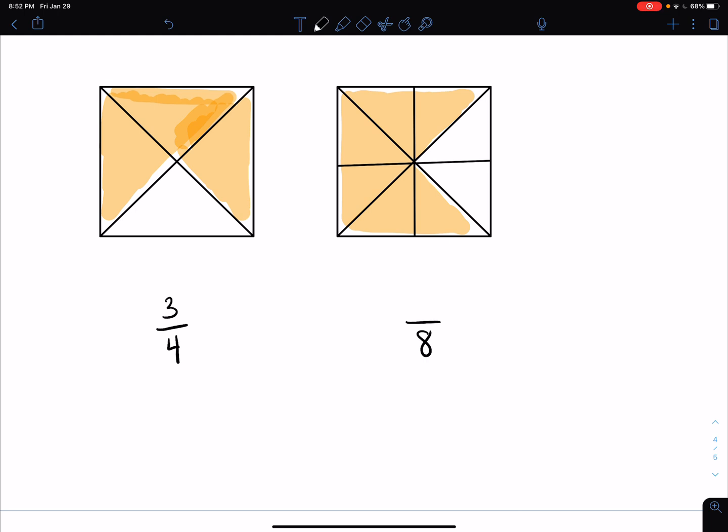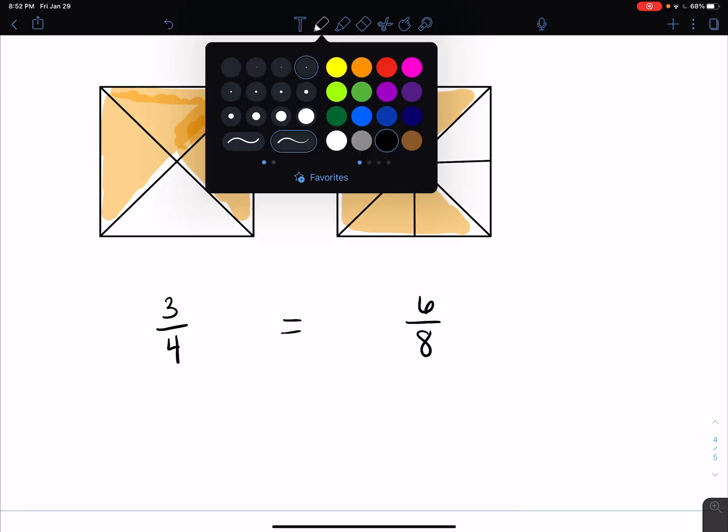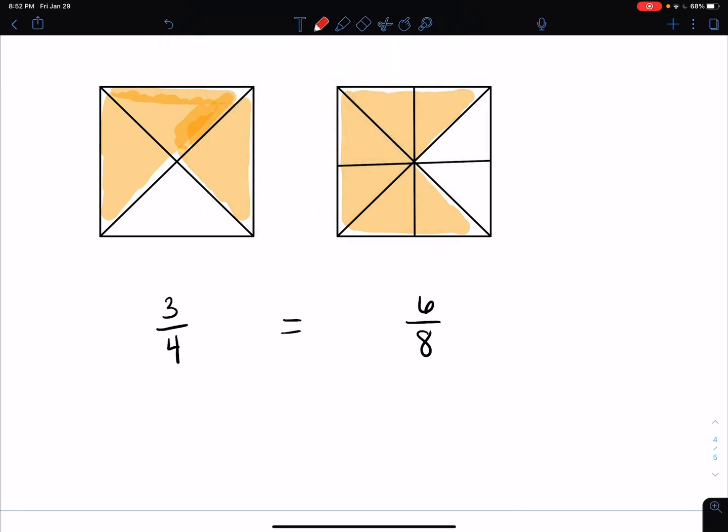And I have 1, 2, 3, 4, 5, 6 pieces shaded in. So I know that 3/4 is equal to or equivalent to 6/8. And again, with my red line, you can kind of see that division, right?